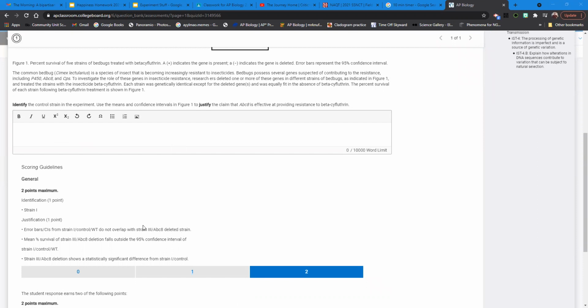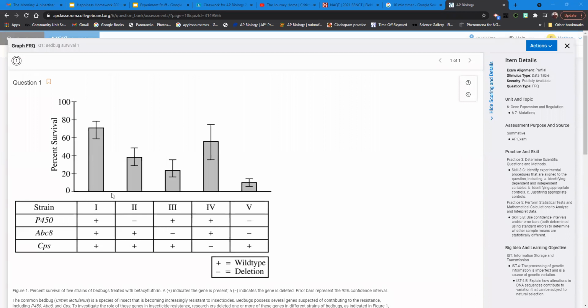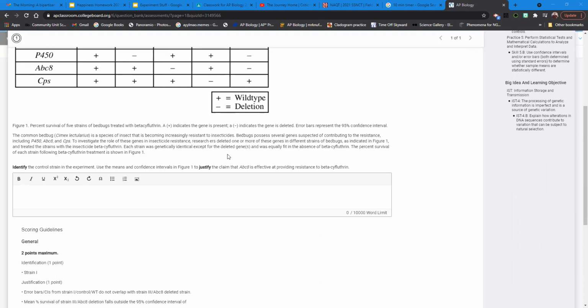So you could have just said the ABC deleted strain, you could have said the strain 3, but you needed to compare these 2 groups, the control to the strain that showed the deletion. And we can see that the bars do not overlap. So we see that when you have ABC, that helps lead to better survival compared to this.